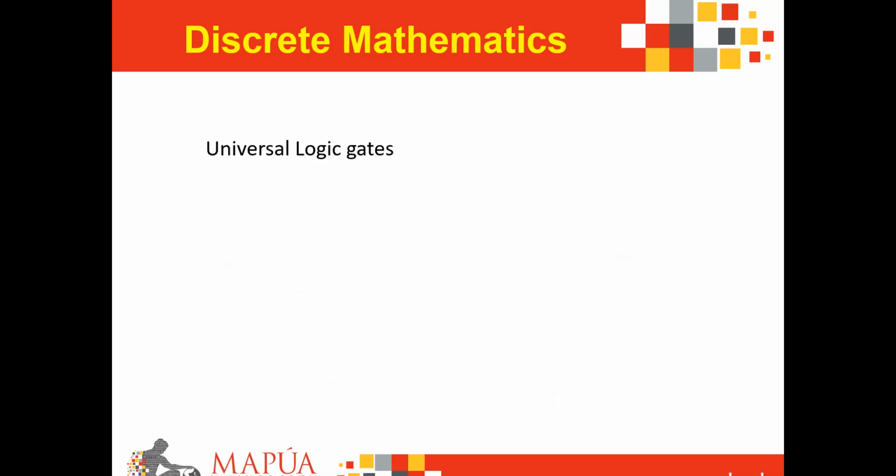There are other gates that are referred to as the universal logic gates. A universal logic gate, like a NOR, simply combines your corresponding OR gate, and the output is inverted. So on the left-hand side, you have inputs for your propositions P and Q, and on your right-hand side, you'd end up with this expression.